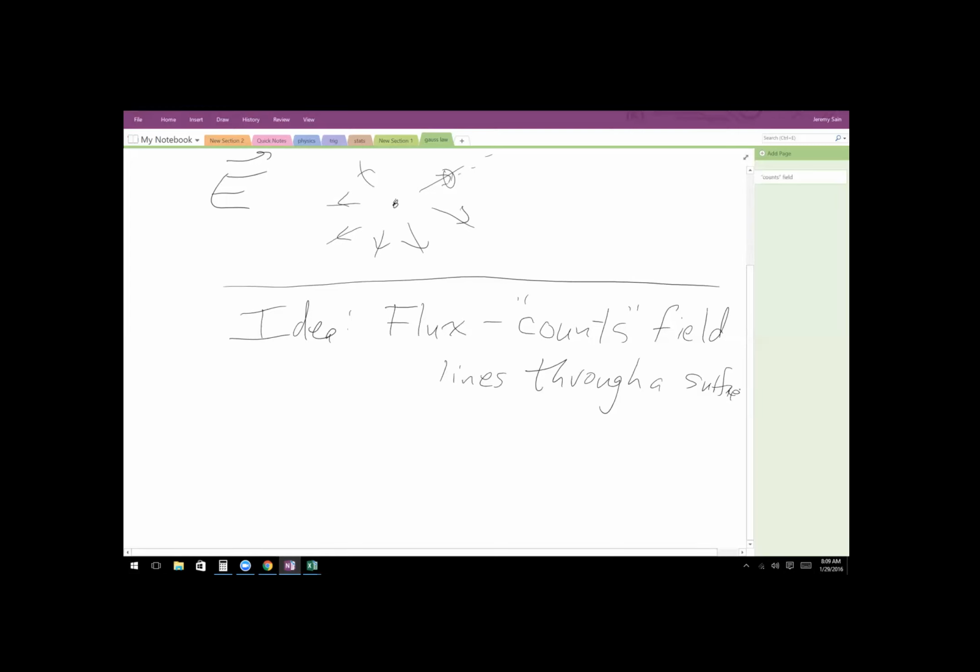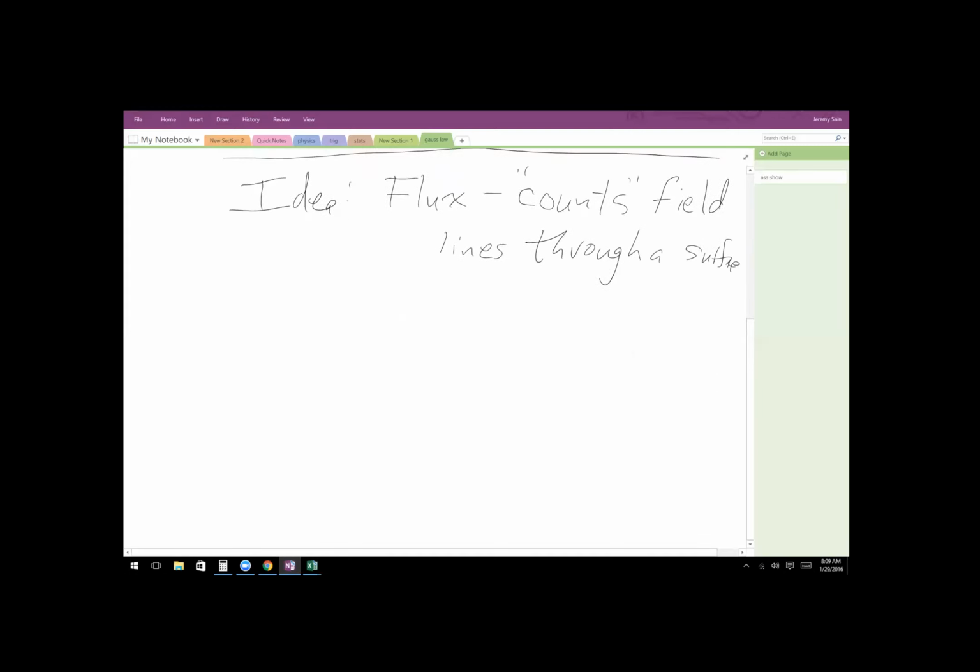So the actual definition is, if I've got some surface and some vector field that's flowing through the surface, the flux is the field dot area, and that's really shorthand.